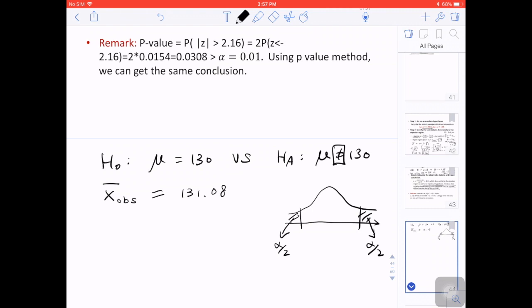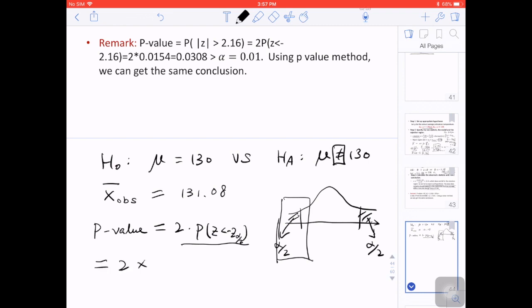So in this case, the p-value of this two-tailed test should be 2 times the p-value of a one-tailed test, because they're symmetric. Here, I'm going to use this side as my example. So Z is smaller than negative Z alpha divided by 2, and you double this, which is the p-value of the two-tailed test.